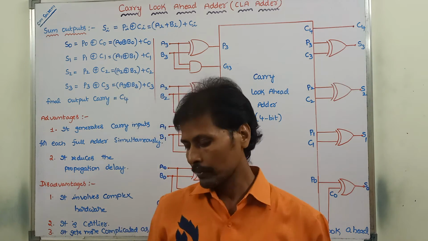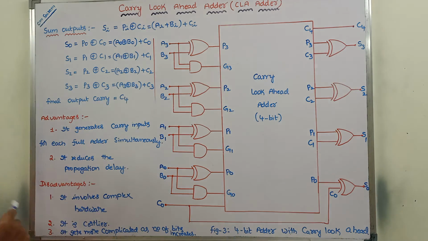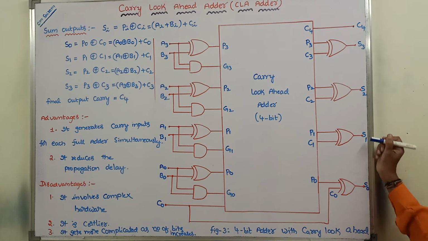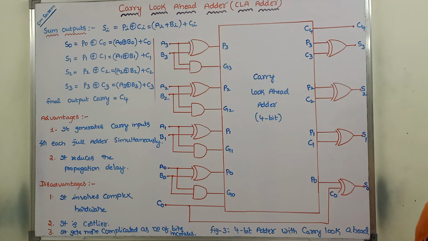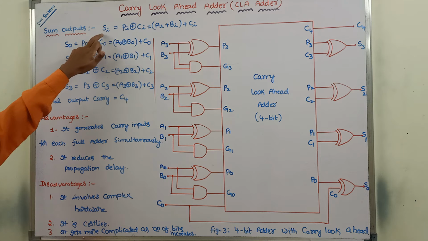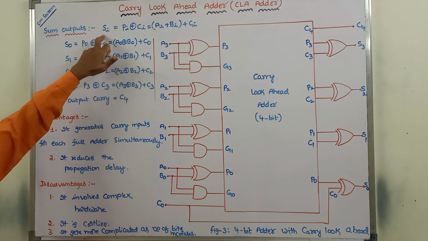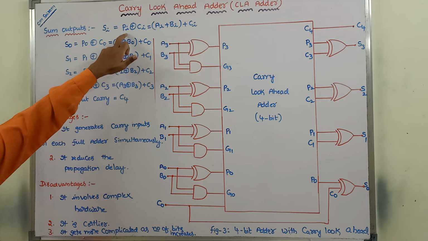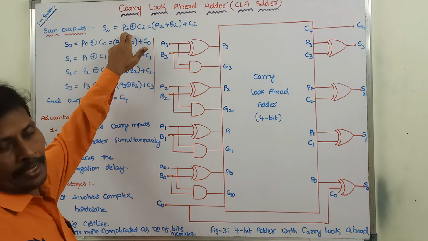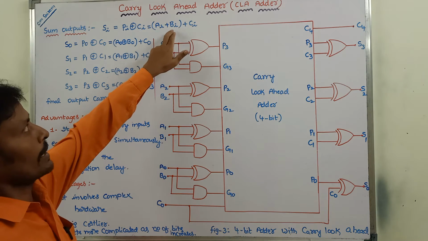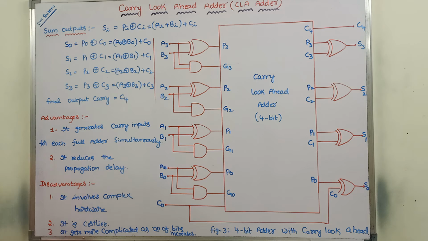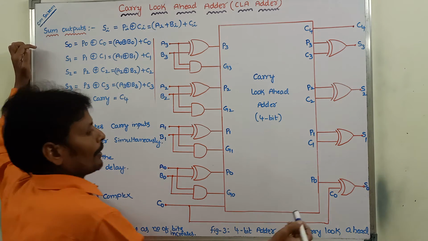Now, how to find out the final sum outputs S0, S1, S2, S3? For that, the sum output formula is Si is equal to Pi exclusive OR Ci, where Pi is nothing but Ai exclusive OR Bi. First we have to find out the sum output S0.